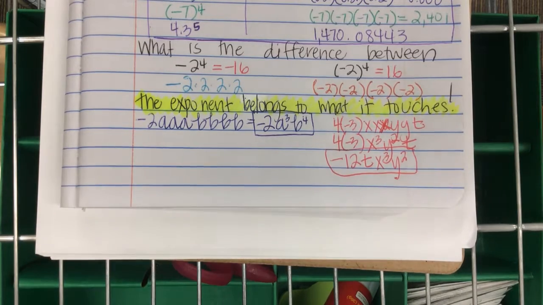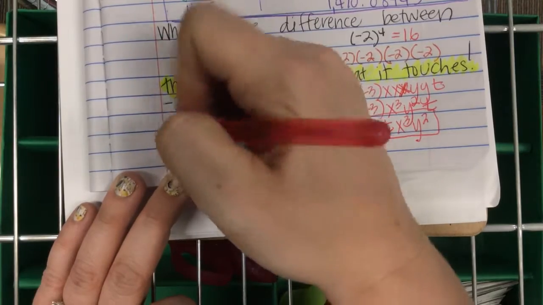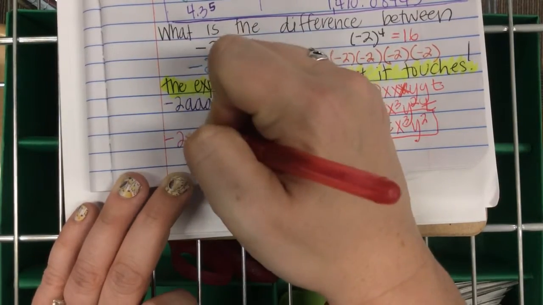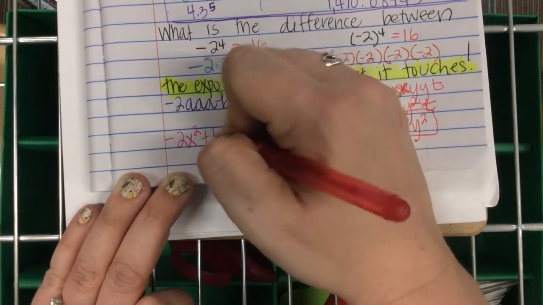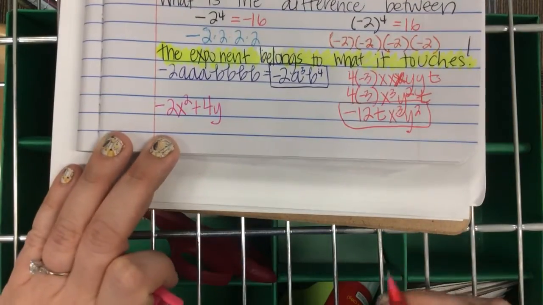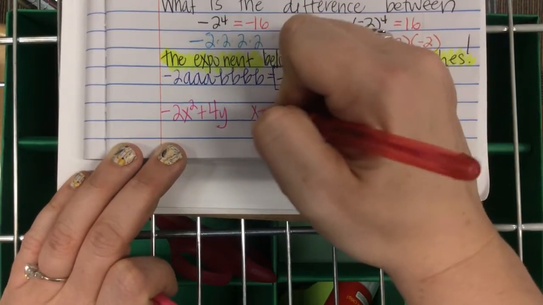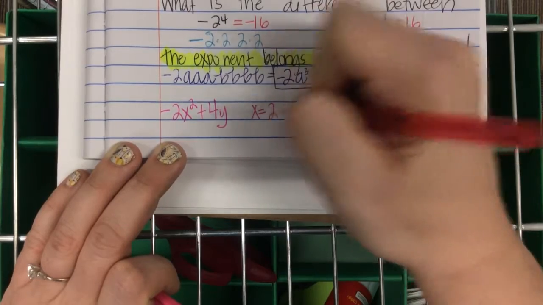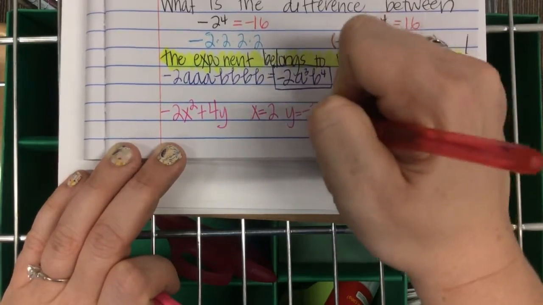All right, let's try this one. What if I gave you this problem? Negative 2x squared plus 4y. And I tell you that x is 2 and y is negative 3.